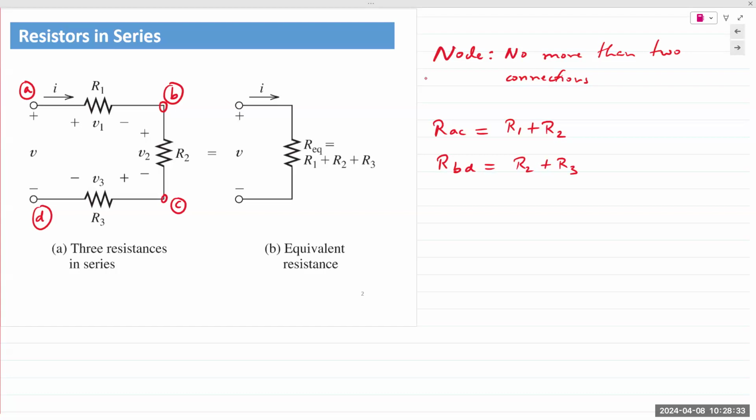Familiar? Right? Okay. And then of course RAD, which encompasses R1, R2, and R3 together, but as long as they are all in series, we can still add them together. R1, R2, and R3.